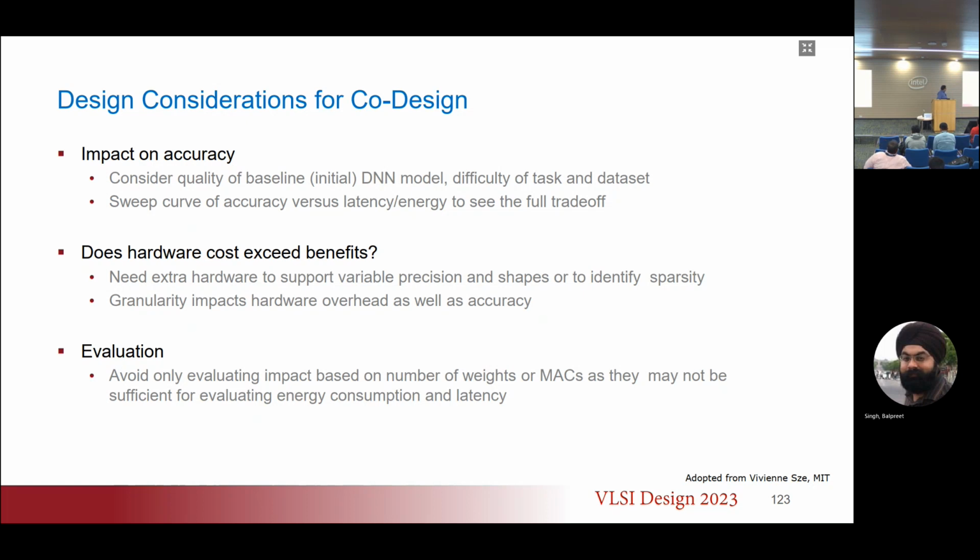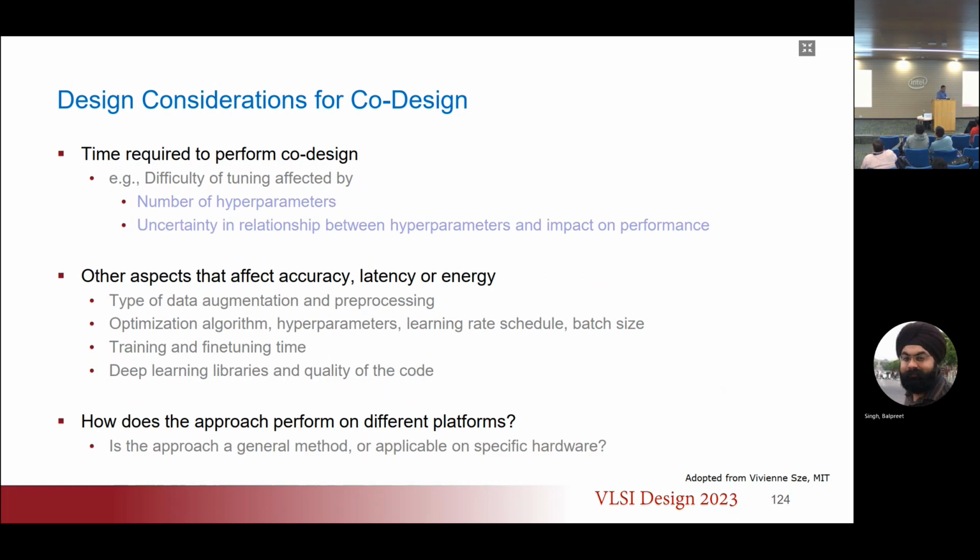You need extra hardware to support variable precision and shapes, and deal with sparsity, etc. Then, does the programmer have the brain power and the willpower to experiment with the different granularity levels and what impact it will have on performance, which is a serious consideration. And so these are some of the trade-offs, and time required to perform co-design, and training and fine-tuning, etc.